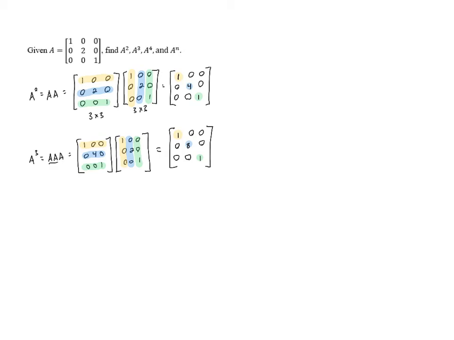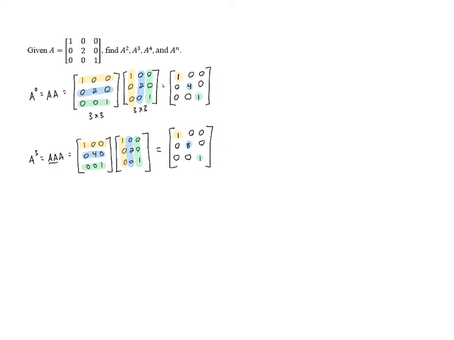So A cubed is this 3 by 3 matrix with entries 1, 8, and 1 on the main diagonal, and then zeros elsewhere. At this point, we can probably see a pattern if we look at A squared and A cubed.